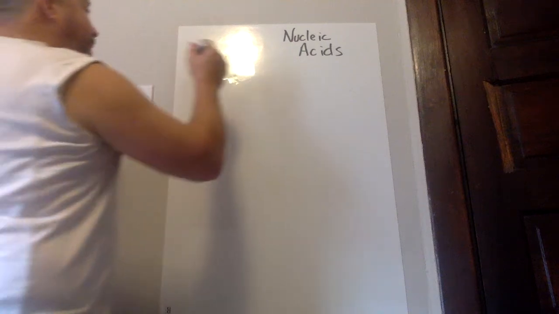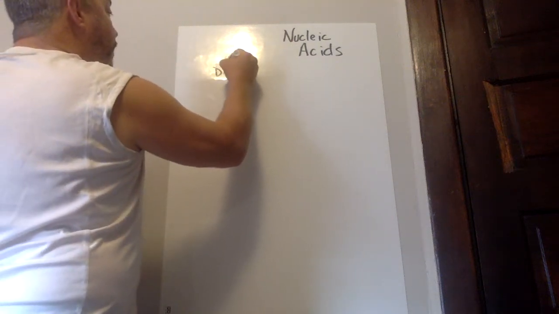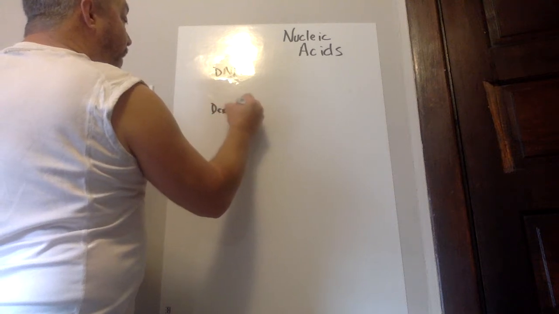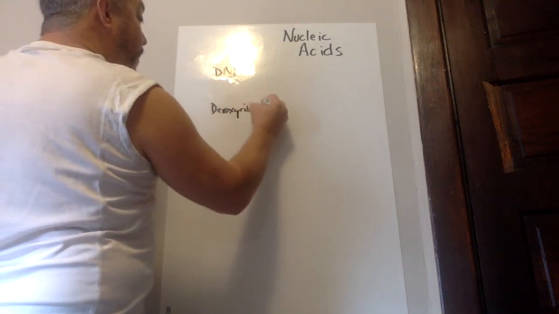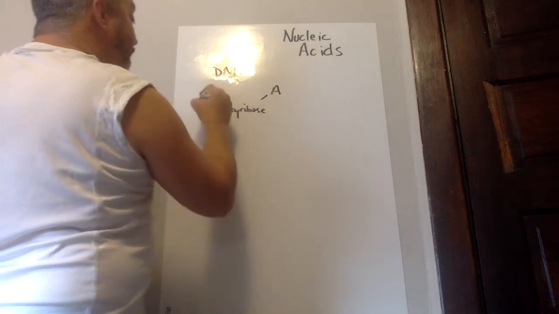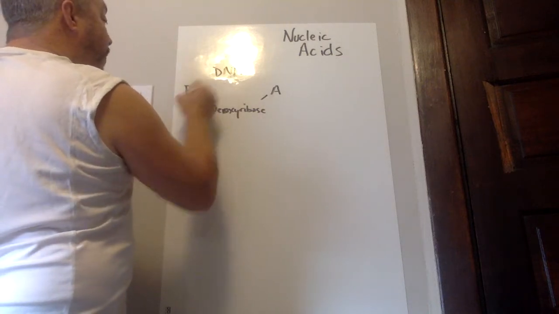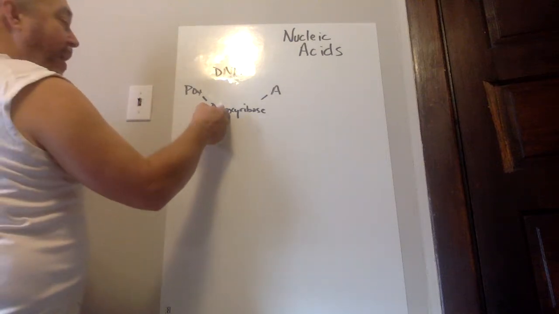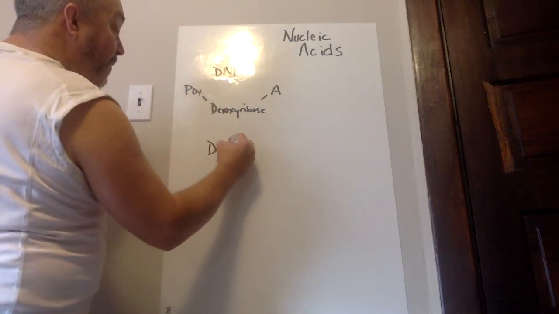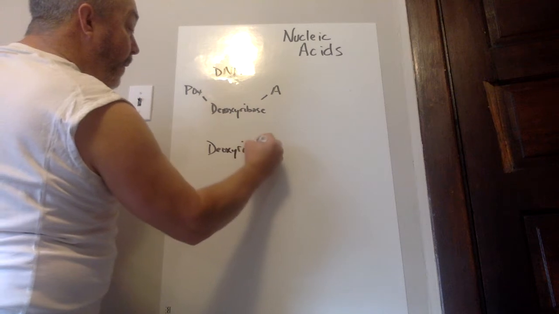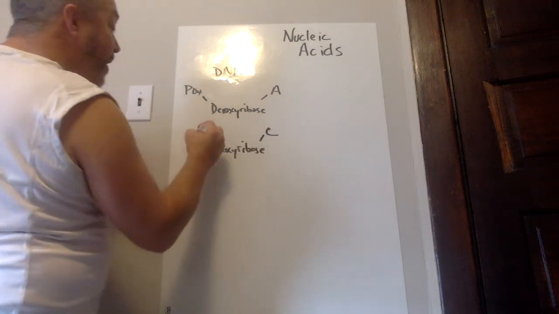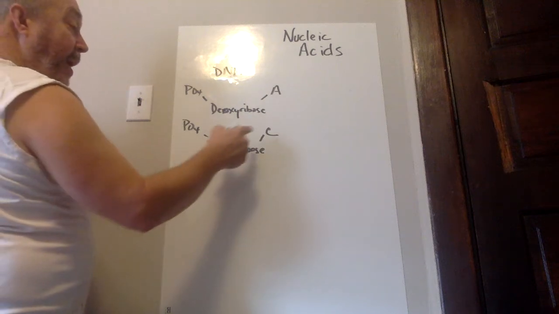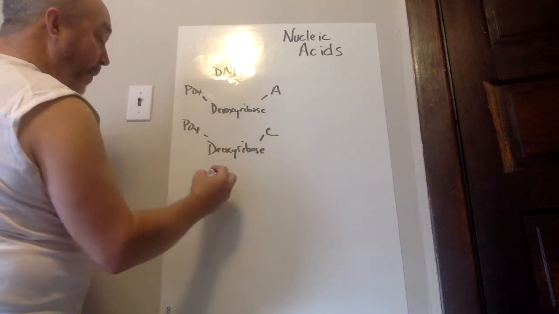So if I have DNA molecules, I'm just going to write deoxyribose. Then it can have an adenine on it, and it would have a phosphate group over here. This would be the adenine DNA nucleotide. We could have cytosine on there, and that would be a DNA cytosine nucleotide.